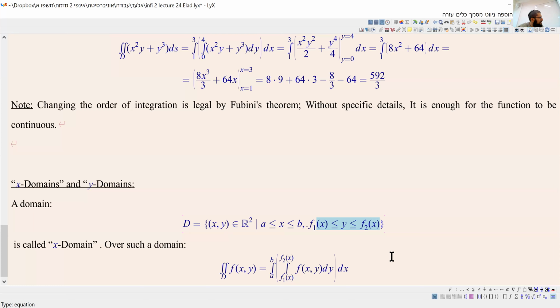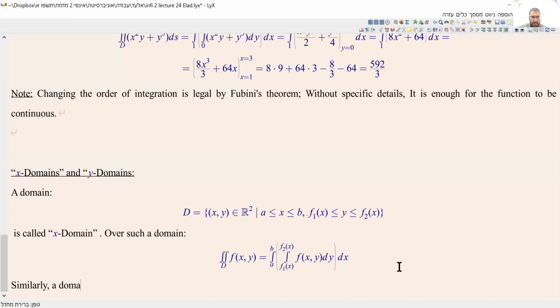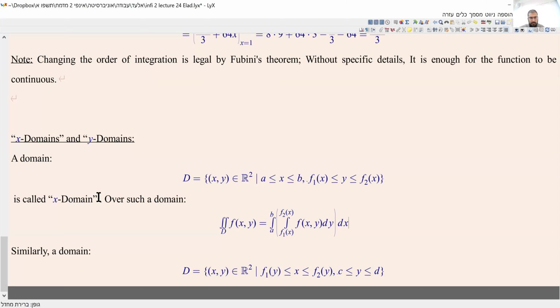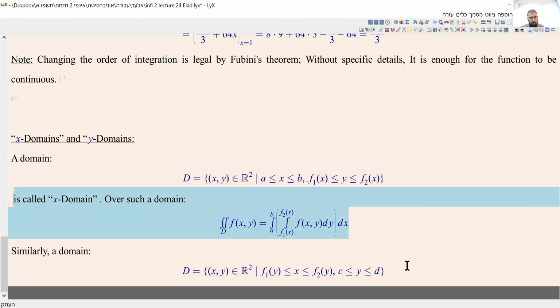On the other end, similarly, a domain of the form x is bounded between functions of y, and y is bounded between numbers, is called a y domain.